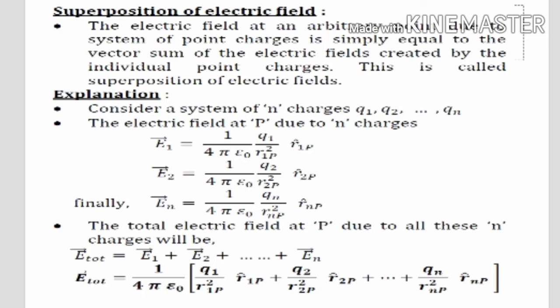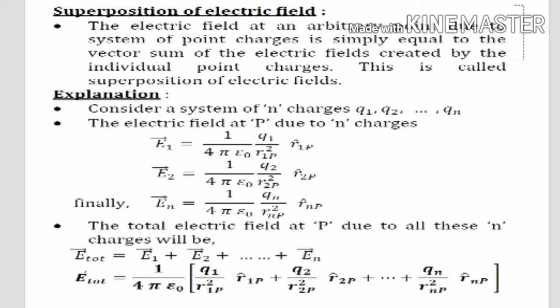Similarly, the electric field at a point P due to the nth charged particle can be written as En vector is equal to 1 by 4 pi epsilon naught into Qn divided by Rnp squared into Rnp cap.